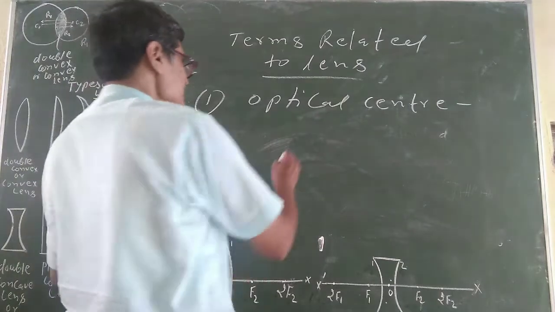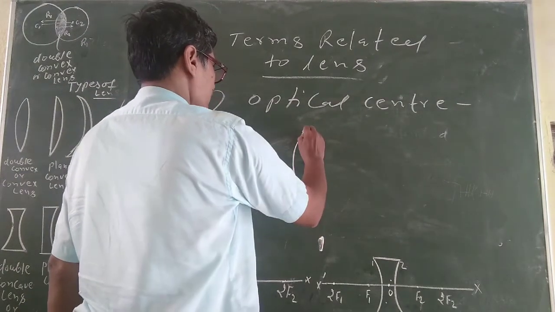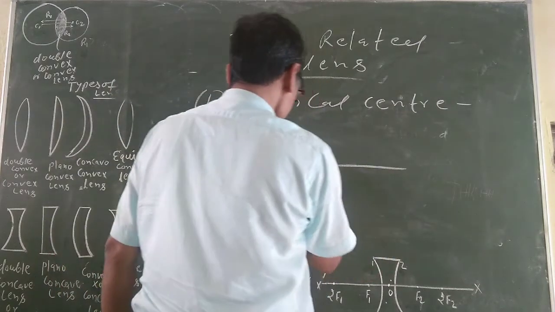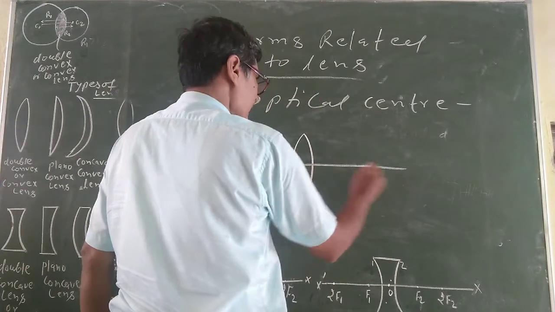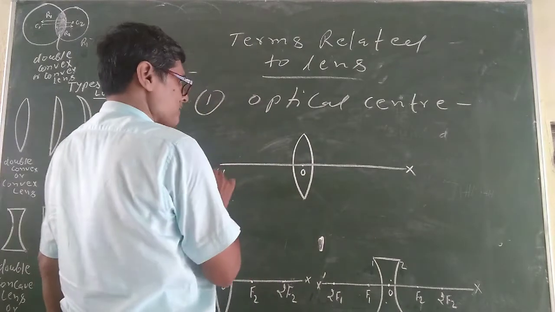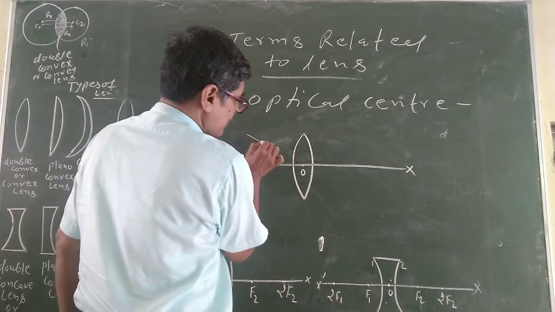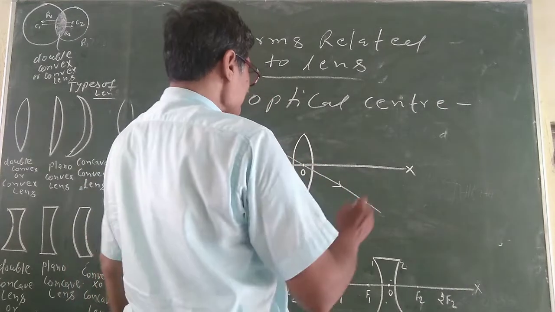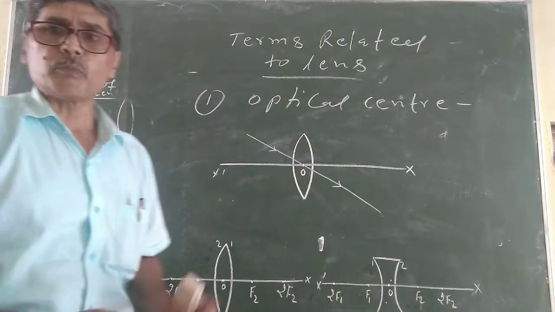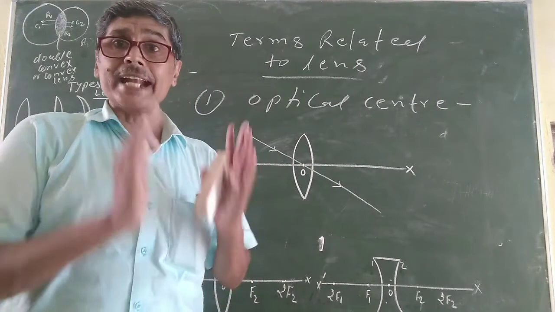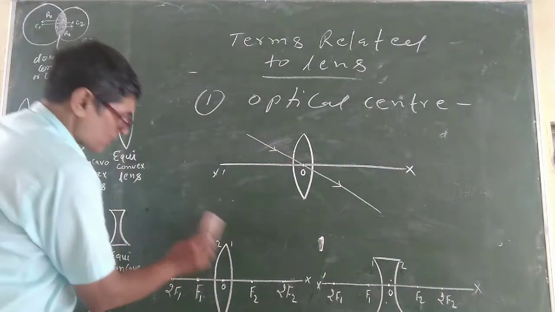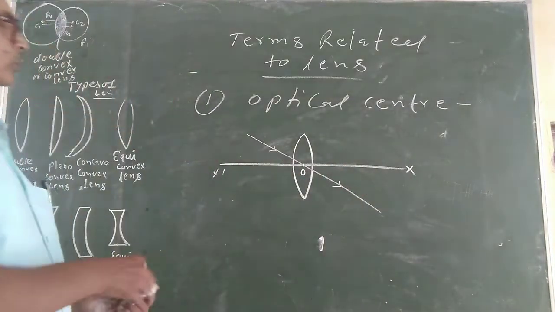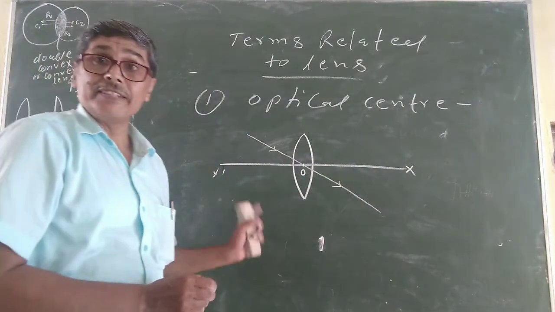Here O is the optical center and XX' is the principal axis, and a light ray passing through the optical center will not deviate. So the optical center is the central point of the lens through which a light ray passes undeviated.